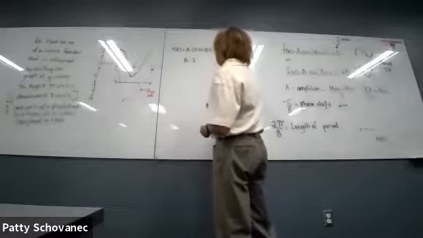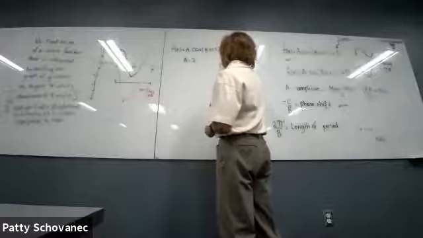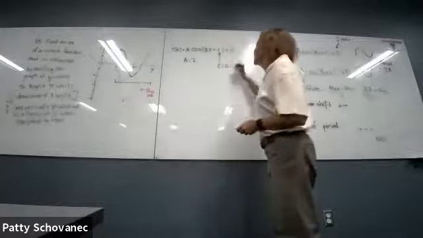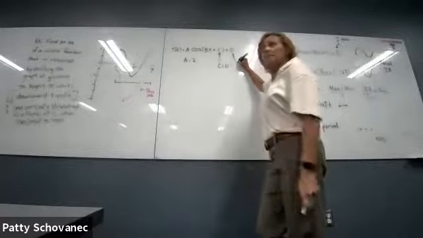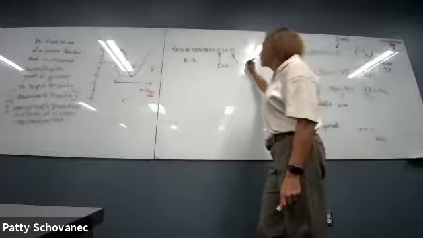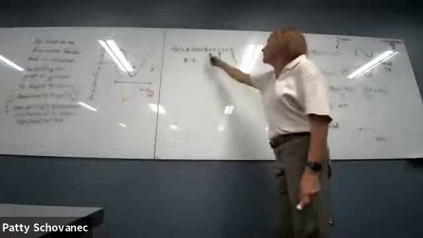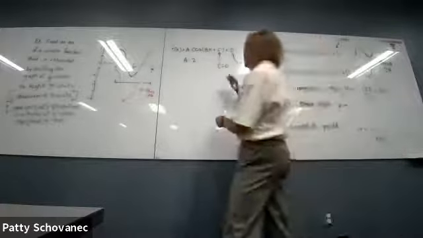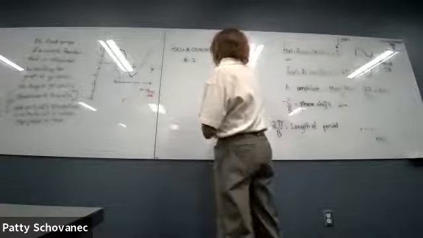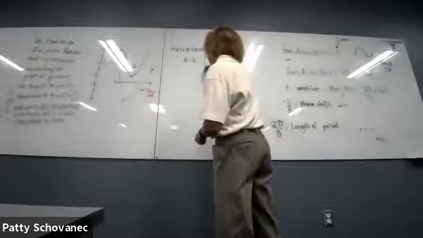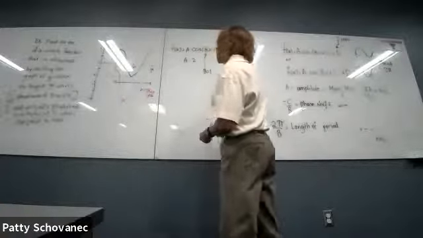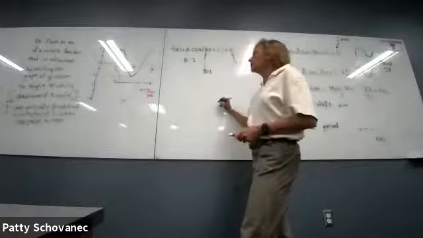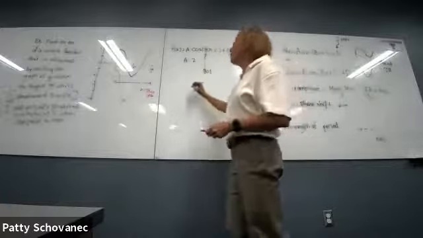We haven't changed the period, so B is 1, because I keep the period the same length. D is going to be -3. And now C we're going to find. The graph has been shifted to the right pi.